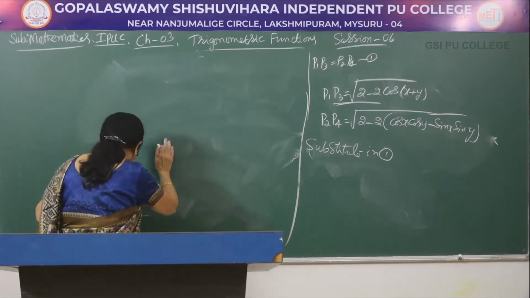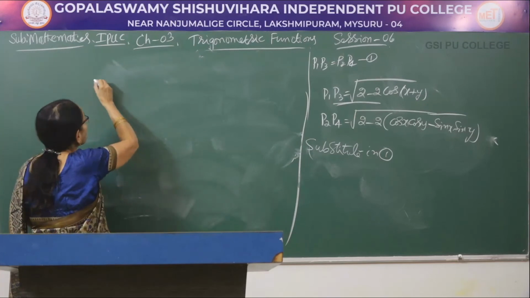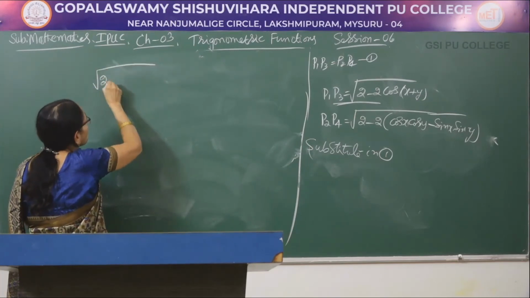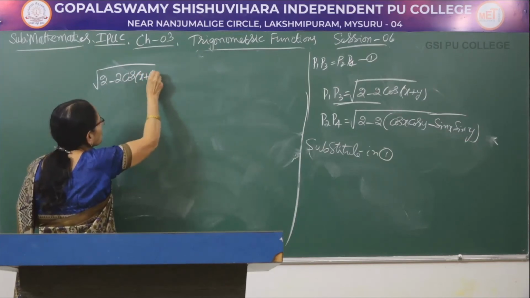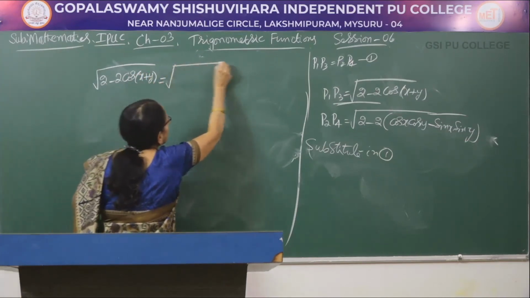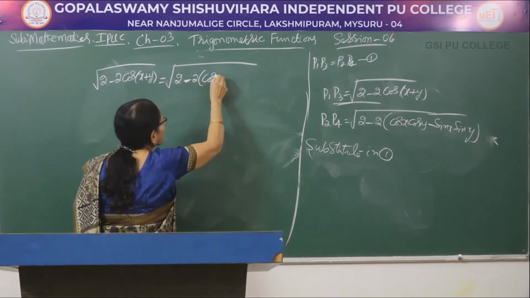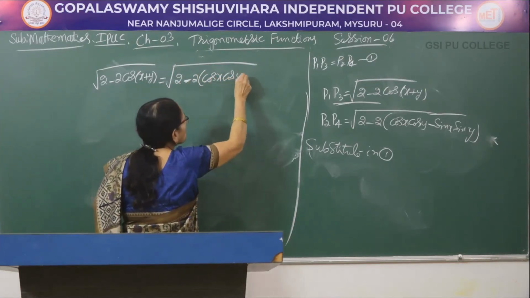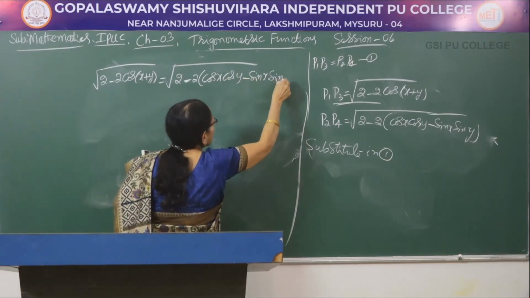When you substitute in 1, first let me write any one; you can write on the left hand side, no problem. That is the square root of 2 minus 2 times cos of x plus y is equal to the square root of 2 minus 2 times cos x into cos y minus sin x into sin y.